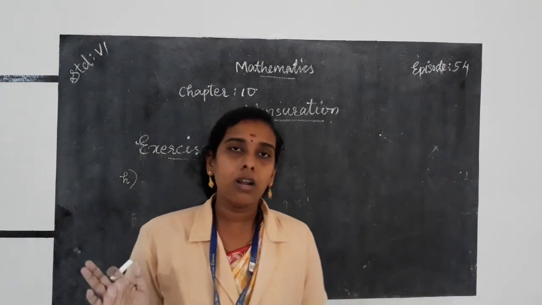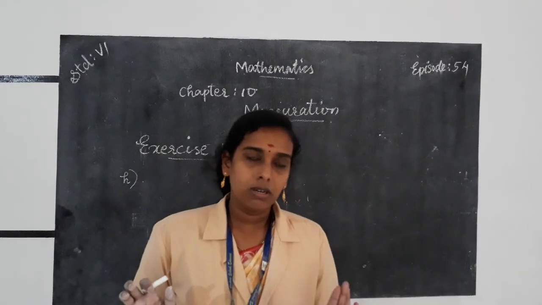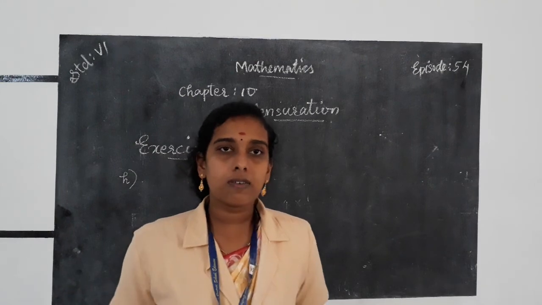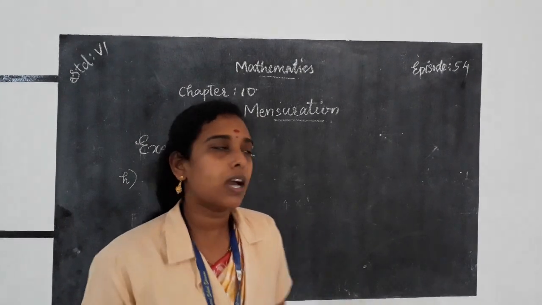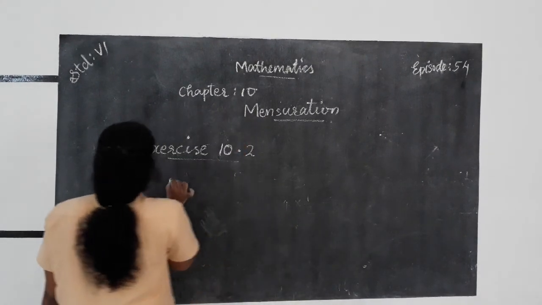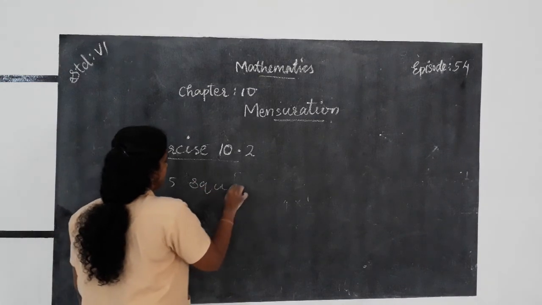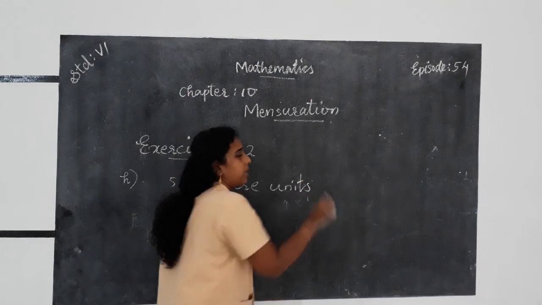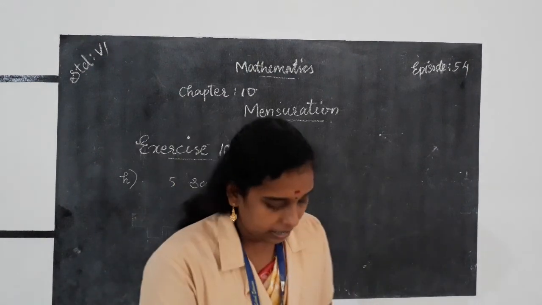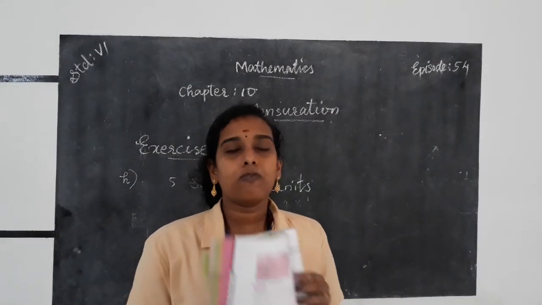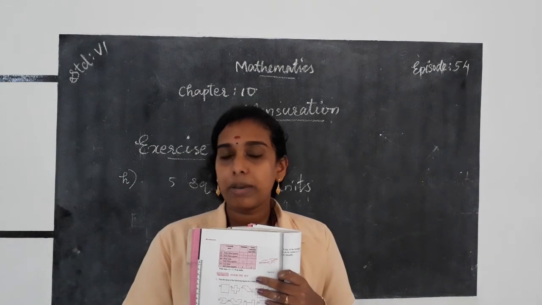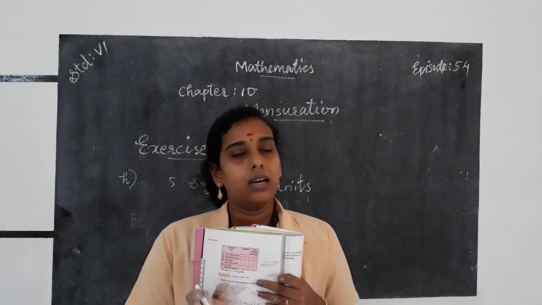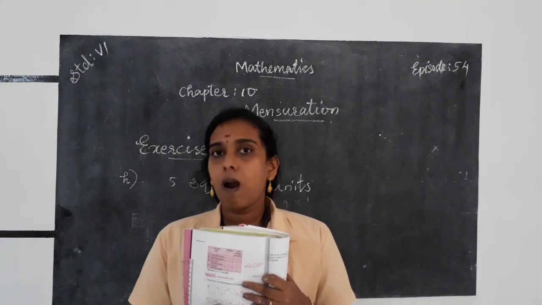There are only 5 squares, and all 5 are fully filled, which means 5 square units is the area of the given figure. In this way, you can find the area of the remaining figures by counting the number of squares. So that's your homework.